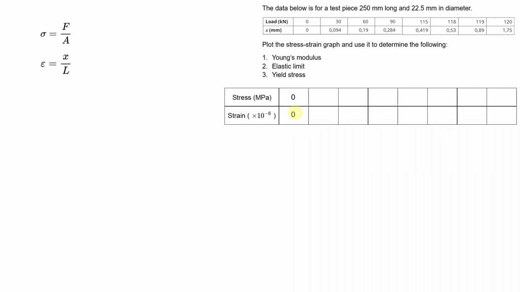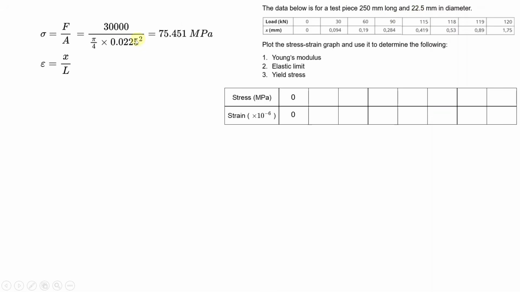So then we go ahead and do the same thing for 30. If our force is 30, what is our stress gonna be? On top you will have 30,000 because it's 30 kilonewtons. We use SI units. On top you will have 30,000 divided by the cross-section area. And you are told that the diameter is 22.5 millimeters.